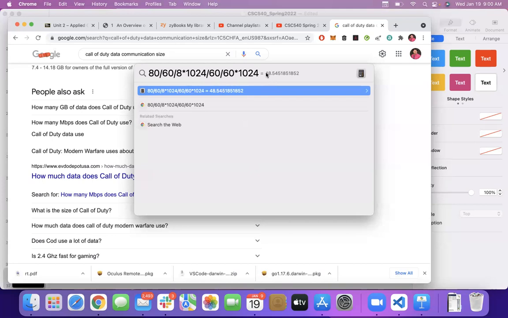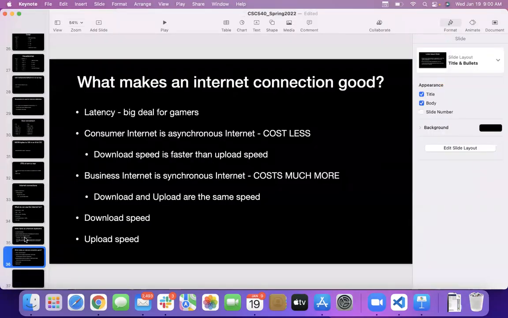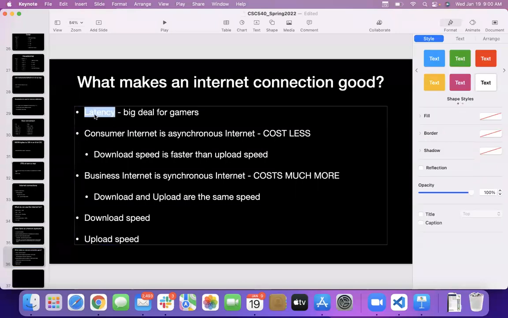So we would call 48.5 bytes a relatively tiny amount of information for today's internet connections. That is why this guy right here is most important. Latency is the amount of time it takes for your signal to be sent from your computer to the server.